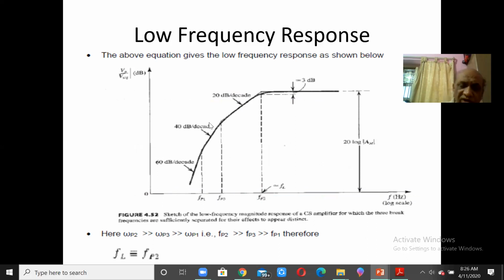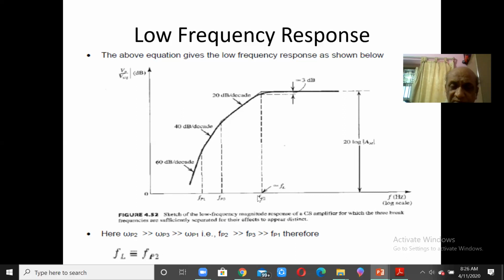We'll study more about Bode plots there, but for the present you can just consider the three cutoff frequencies over here, due to which the fall appears in the low frequency region. Here we see that WP2 is here, WP3 is here, and WP1 is here. Please note the order: WP2 is here, 3 is here, and 1 is here.